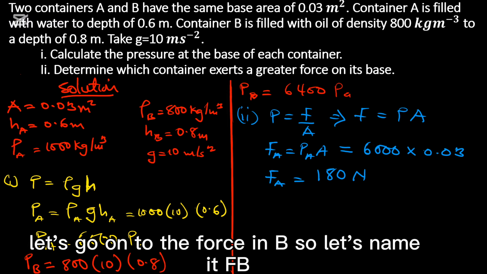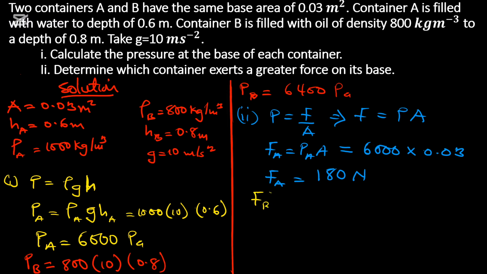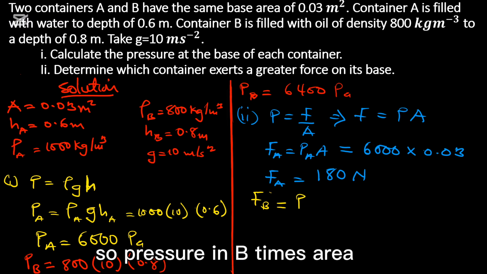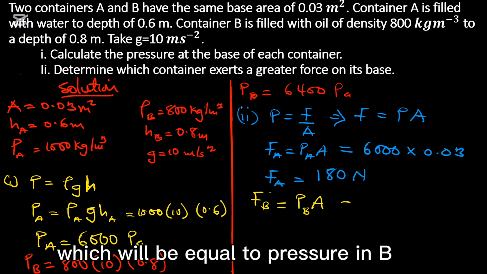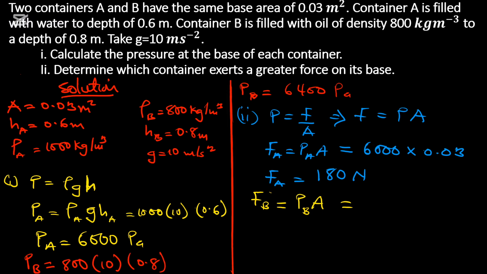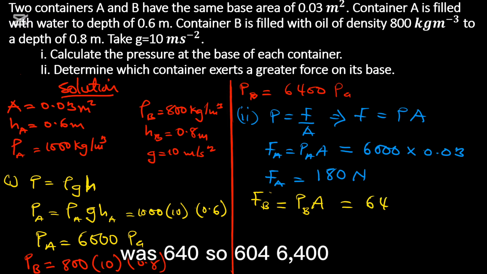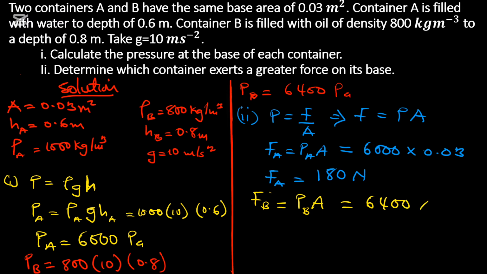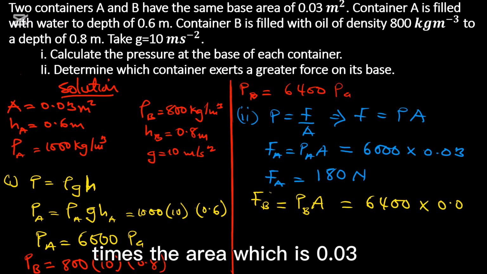Let's go on to the force in B. So let's name it FB. So FB will be equal to the pressure in B times area, which will be equal to pressure in B, which was 6,400, times the area, which is 0.03.